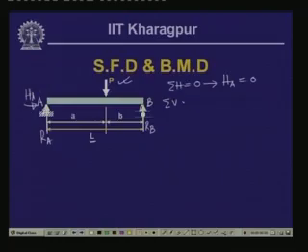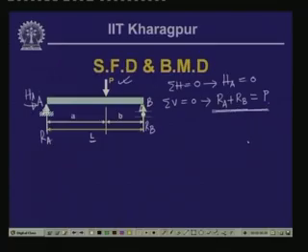Summation of vertical forces equal to 0 gives us that R A plus R B is equal to the vertical load P which is acting. R A and R B are acting upward, P is acting downward. So, if we consider upward as positive, this is negative. So, R A plus R B minus P equal to 0 gives us R A plus R B equal to P.